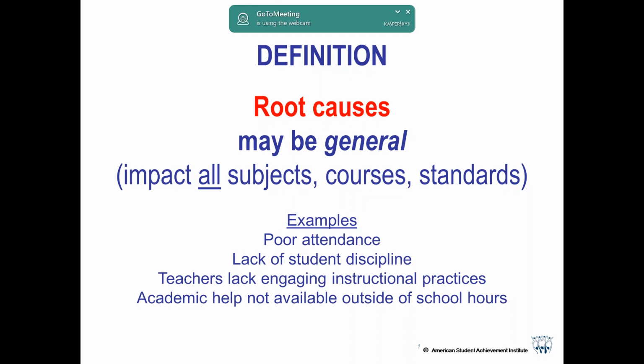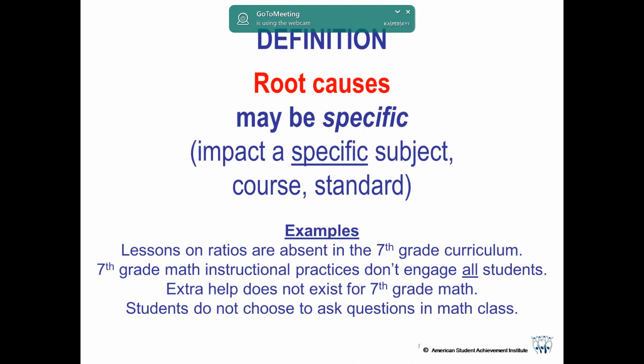But what we have found is if schools only focus on those general root causes, it's not enough to raise student achievement. So we also will ask you to look at specific root causes. In other words, if one of your goals is that you want students to learn about ratios, then we're going to say, okay, why aren't students learning about ratios?